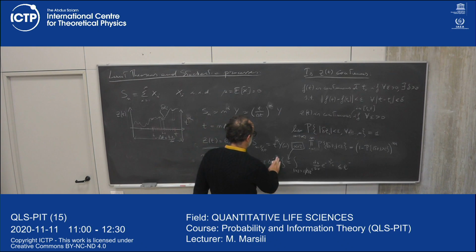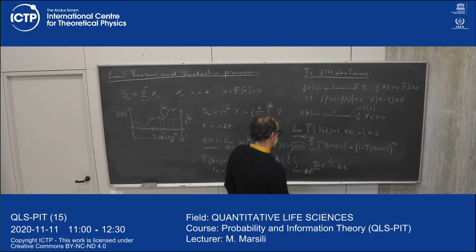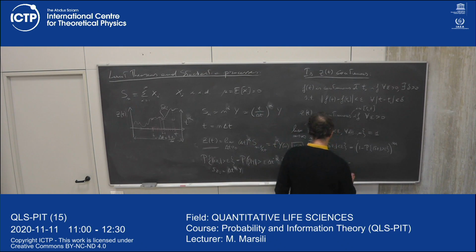So this is divided by delta t to the 1/2. So this is essentially less or equal than e to the minus epsilon squared times delta t, which is t minus t0, divided by 2m. Okay.